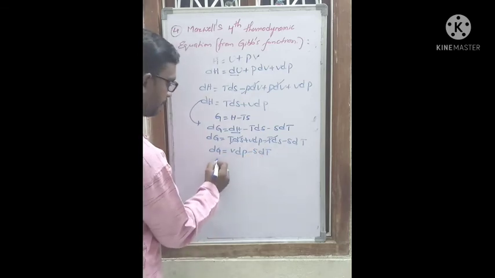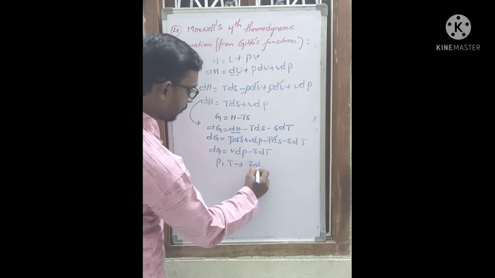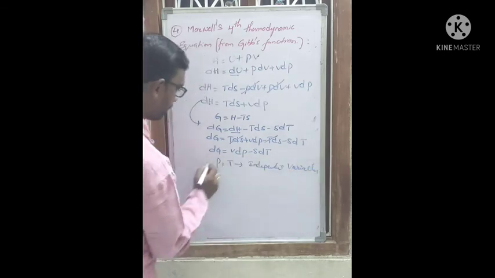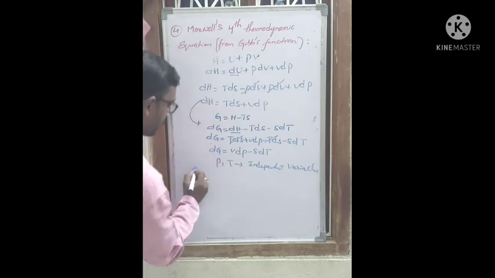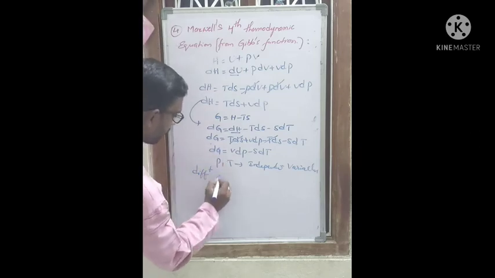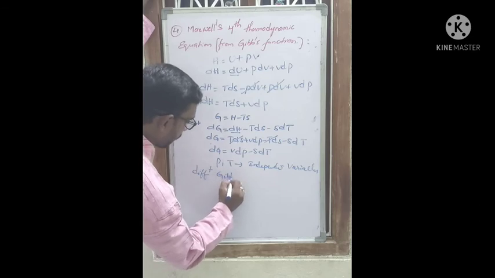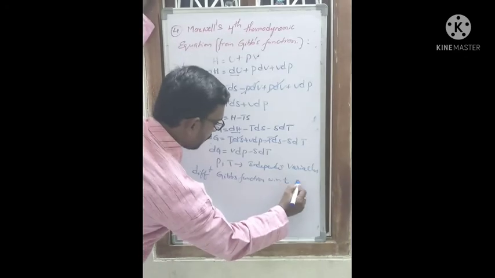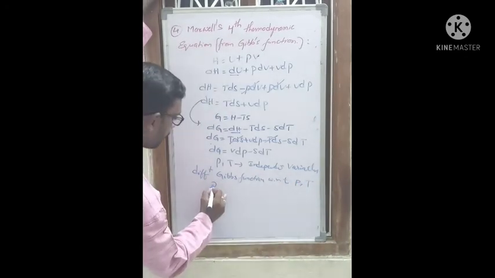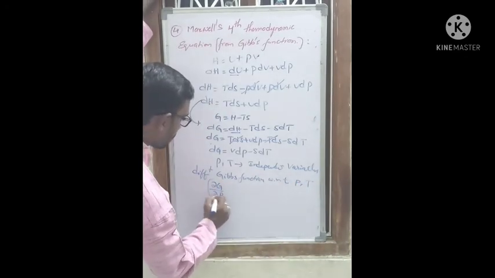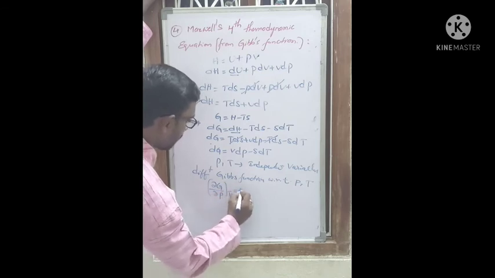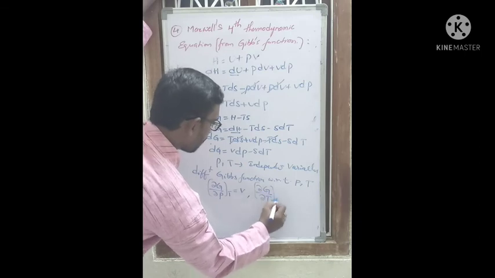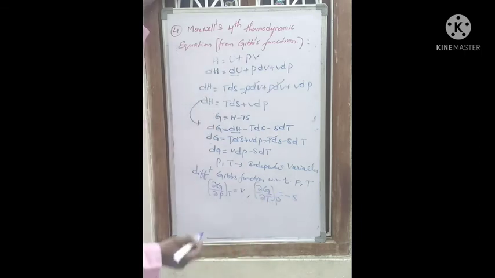Now P and T are both independent variables, so differentiate the Gibbs function with respect to P and T. Then ∂G/∂P at constant temperature equals V, and ∂G/∂T at constant pressure equals minus S.